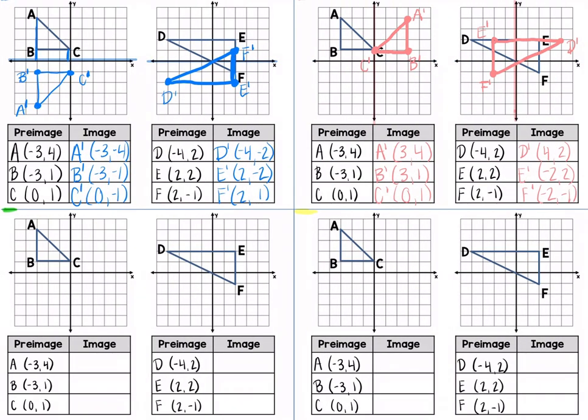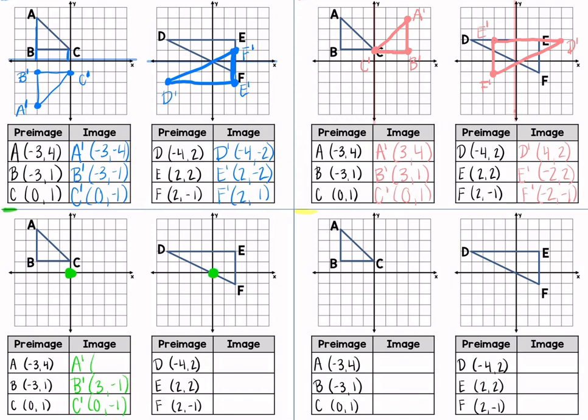Okay, so if we look at that, we'll open up. I have the pre-image of A, B, C, and we're reflecting across the origin. Right here is where we're reflecting across. Okay, so C is 1 space away, so it's going to go 1 space away. C prime is (0, -1). B prime is going to be (3, -1).